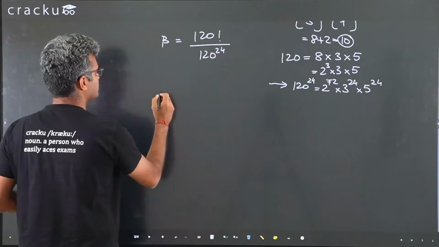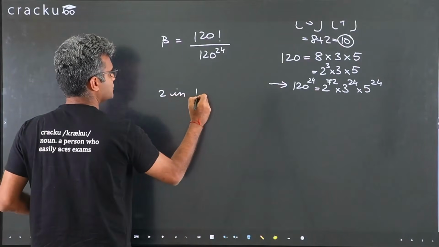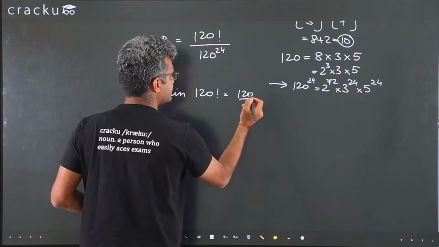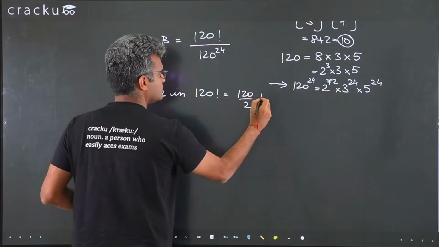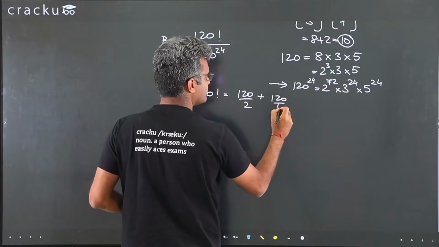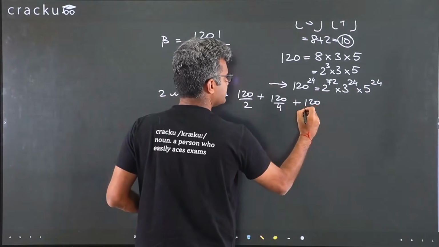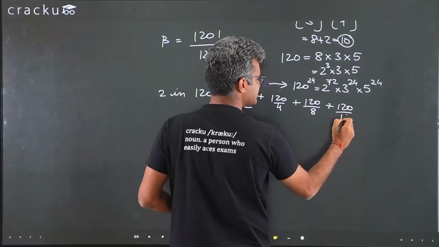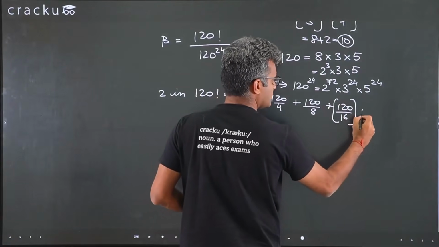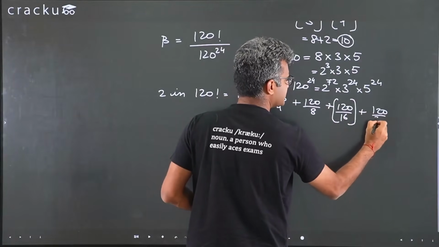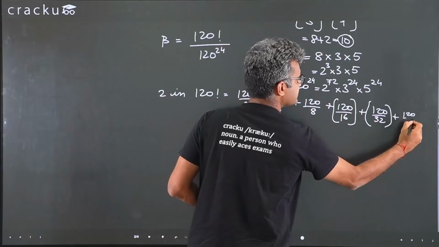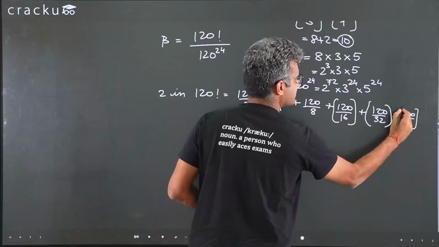So the highest power of 2 in 120 factorial is equal to 120 divided by 2 plus 120 divided by 4 plus 120 divided by 8 plus 120 divided by 16, take the integer part out, plus 120 divided by 32, take the integer part out, plus 120 divided by 64, take the integer part out.